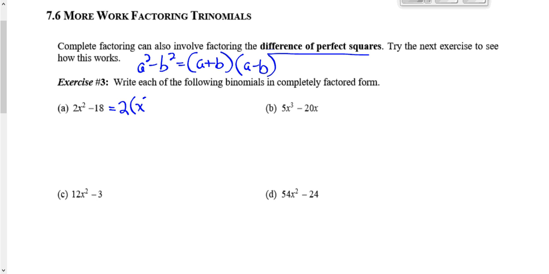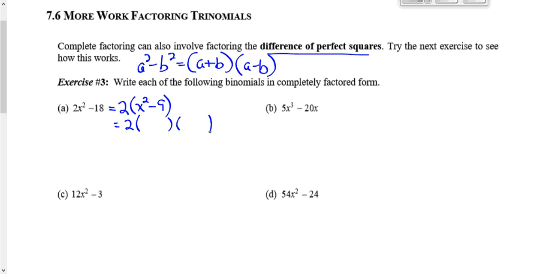What does that leave us? X squared minus 9. Is x squared a perfect square? Is 9 a perfect square? What is 9 a perfect square of? Okay, so it's going to be what?